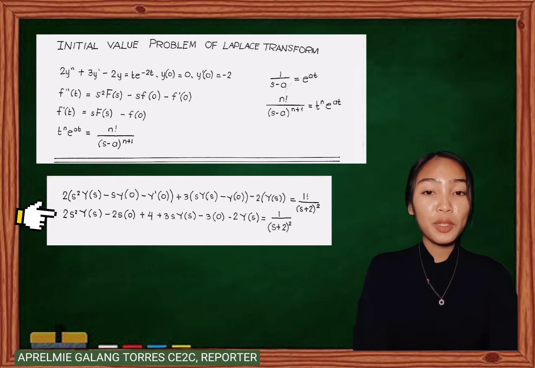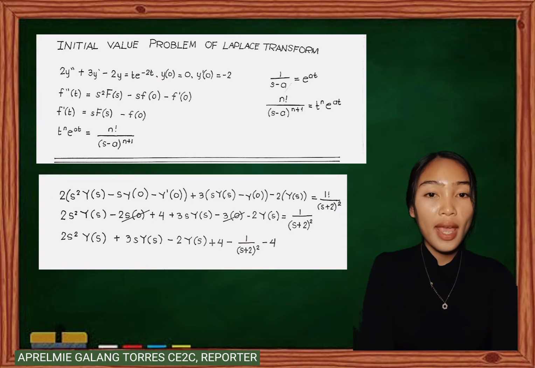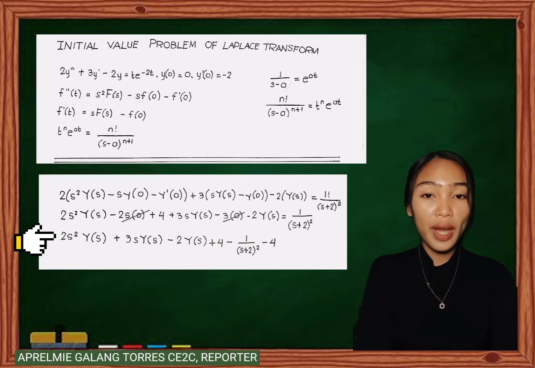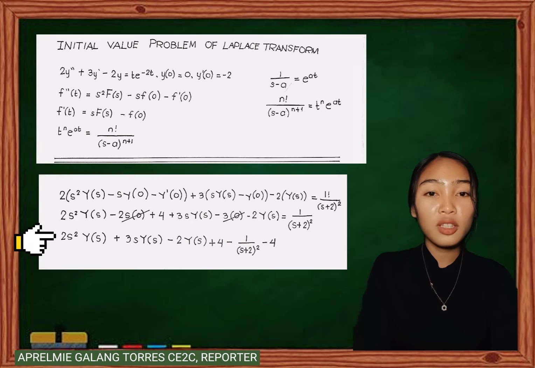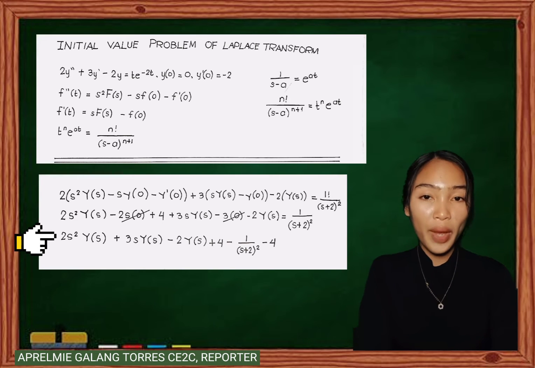So now we'll simplify and solve for Y of s. This term here, we're going to get rid of this, that's multiplied by 0, that's going to go away. This is 3 times 0, so that's going to go away. And if we now collect like terms, we'll have 2s squared Y of s plus 3s Y of s minus 2 times Y of s, and then we have plus 4 equal to 1 over the quantity s plus 2 squared.